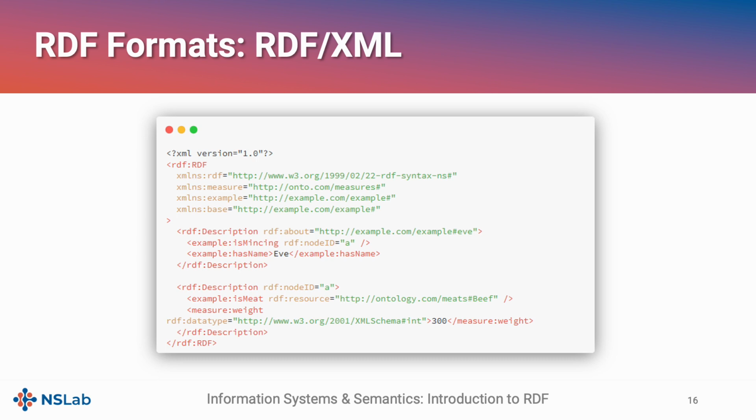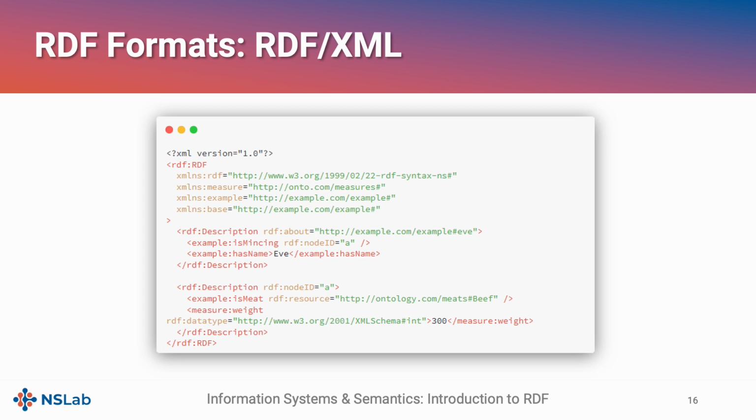And then we have a tag that describes a node, or more precisely a resource Eve, with two statements inside: Eve is mincing some blank node that's denoted with A, and then that Eve has name Eve as a string value.